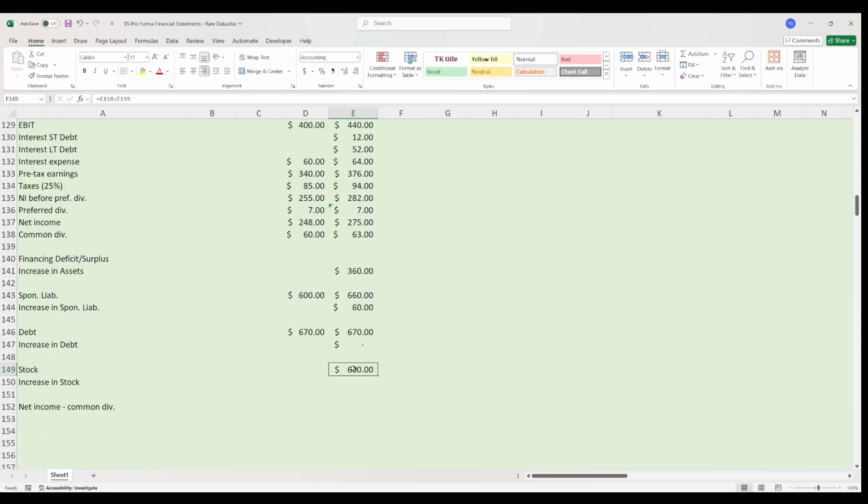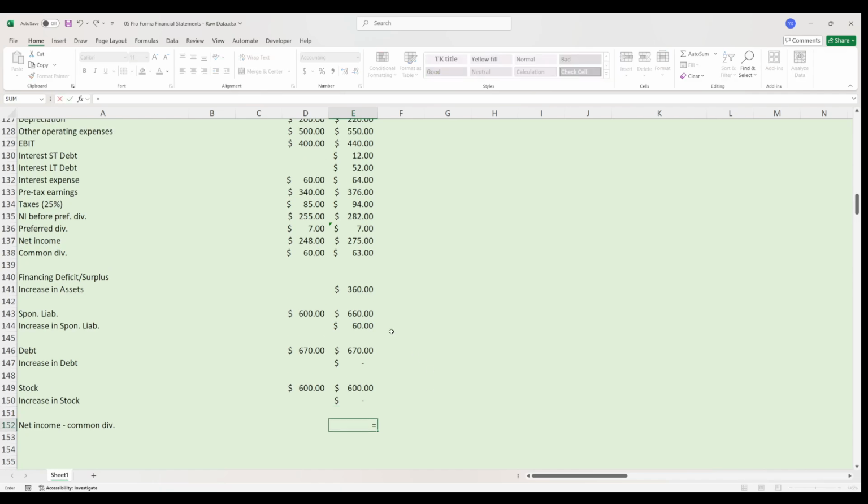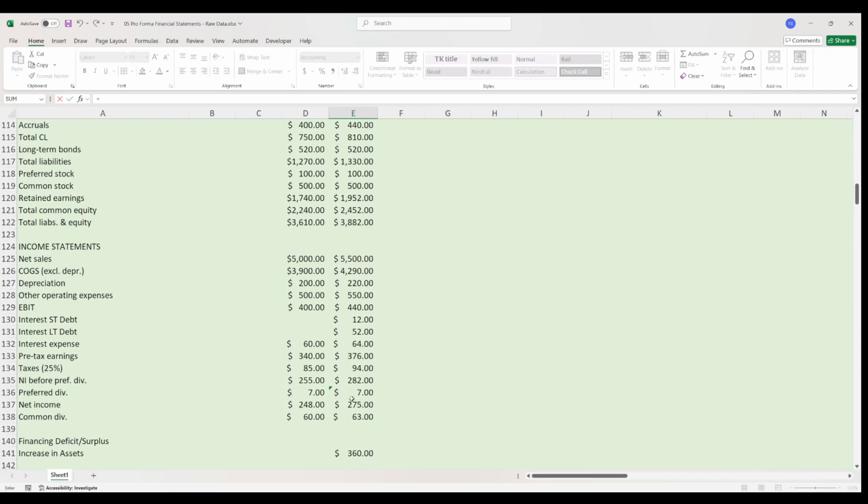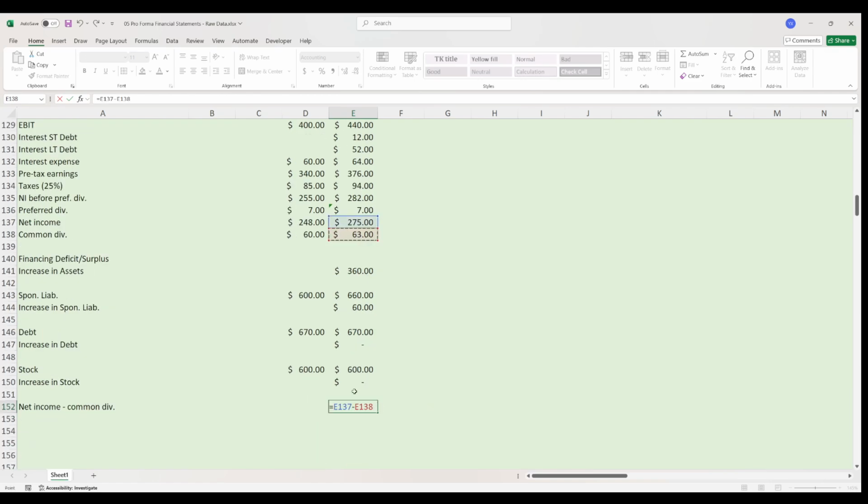I got 600. In the previous year, it's also 600. And then this minus this, it's again 0. And then net income minus common dividend is going to be here, net income minus the common dividend, right? So that's the 212, right? You don't need this from the previous years, okay?